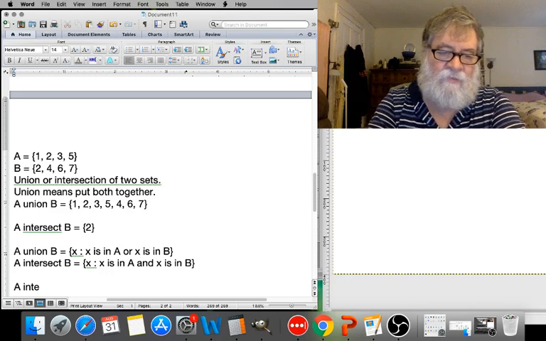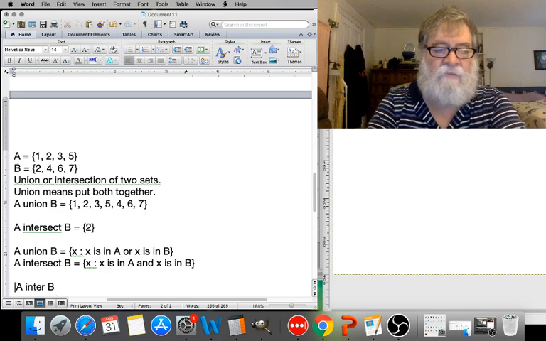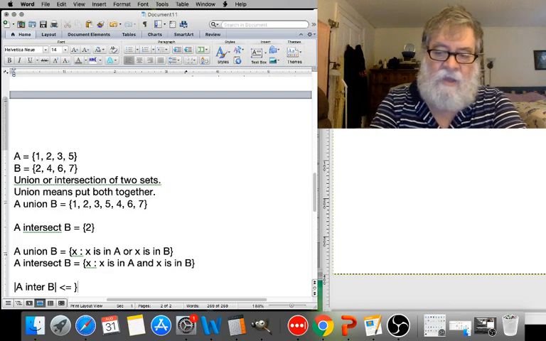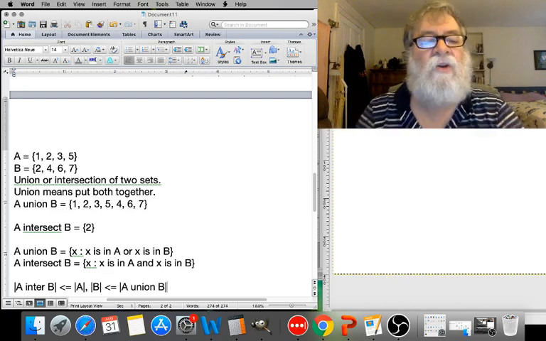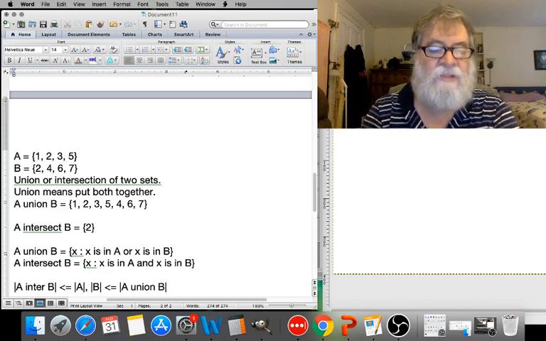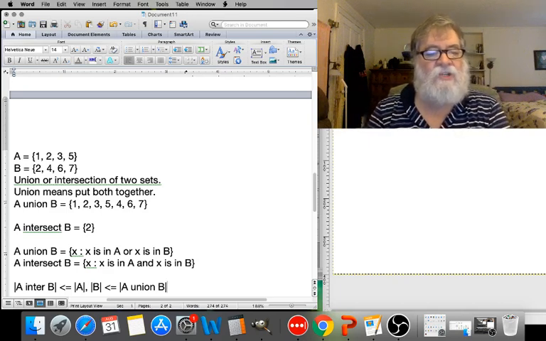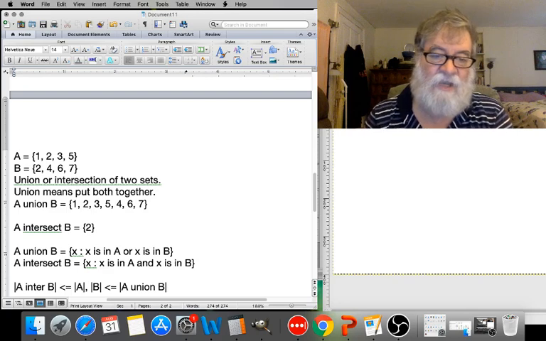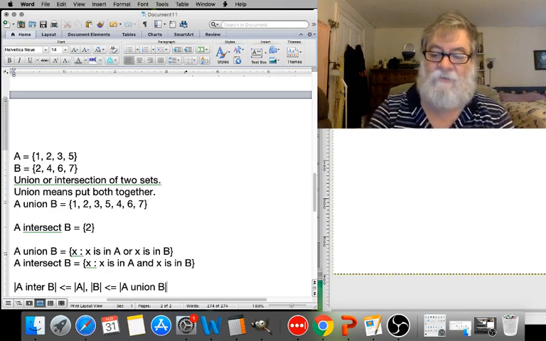The size of A intersect B is always less than or equal to the size of A and the size of B, which are in turn less than or equal to the size of A union B. In other words, when you intersect things, they always get smaller or stay the same. When you union things, they always get bigger or stay the same. You might ask yourself, when does A intersect B stay the same size as A or B? And when does A union B stay the same size as A or B? Those are interesting questions as well. You should think about all that stuff.